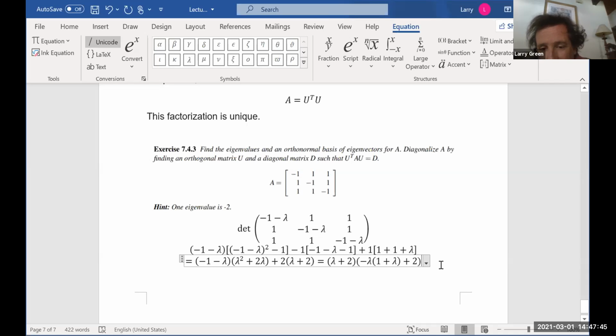Any questions on that? Getting there. So I get lambda plus 2, and then I can factor negative 1 out. We get lambda squared plus lambda minus 2, which is lambda plus 2 times lambda minus 1.